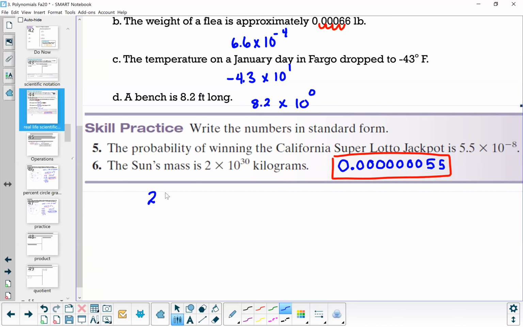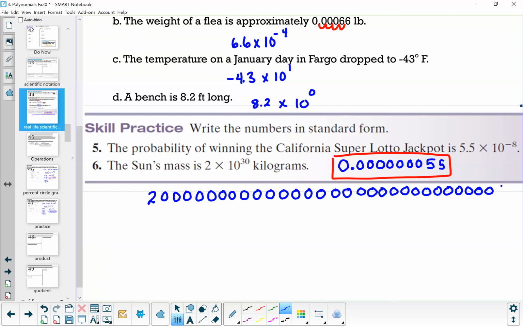Let's start counting. 1, 2, 3, 4, 5, 6, 7, 8, 9, 10, 11, 12, 13, 14, 15, 16, 17, 18, 19, 20, 10 more. 1, 2, 3, 4, 5, 6, 7, 8, 9, 10.